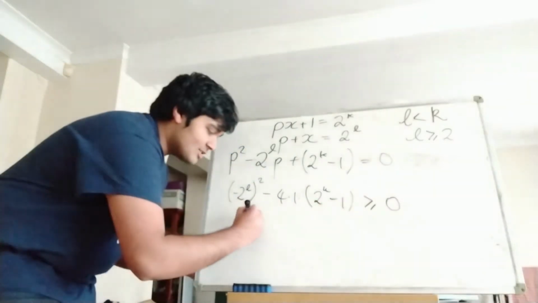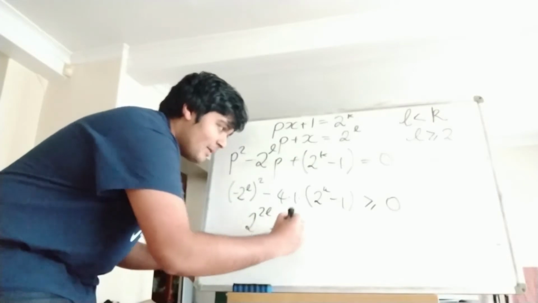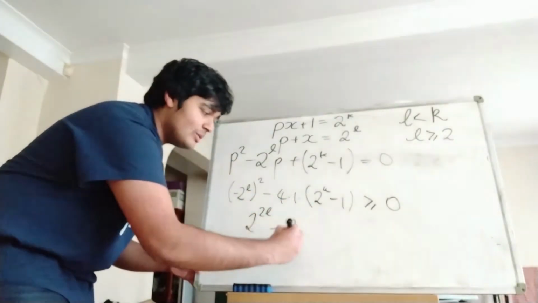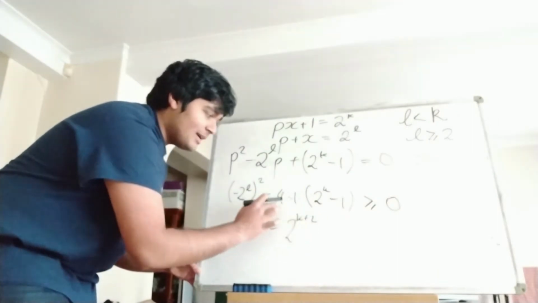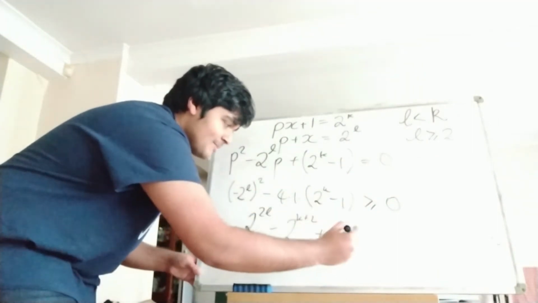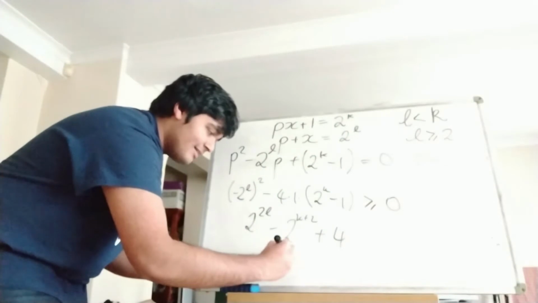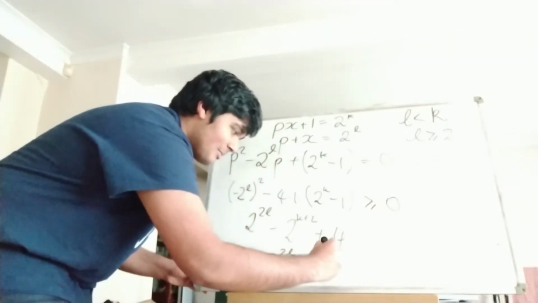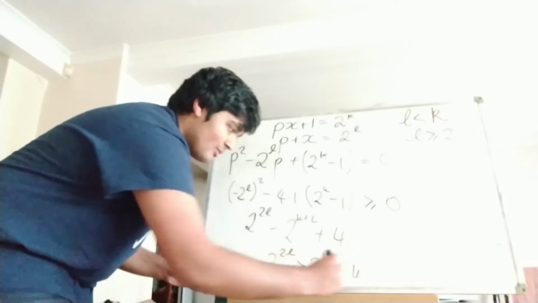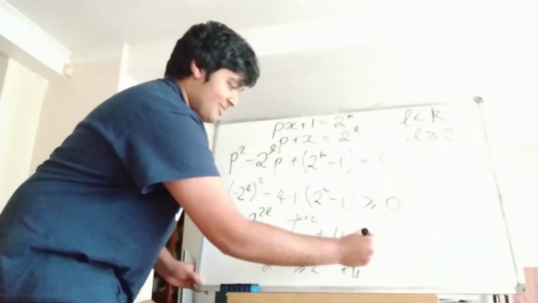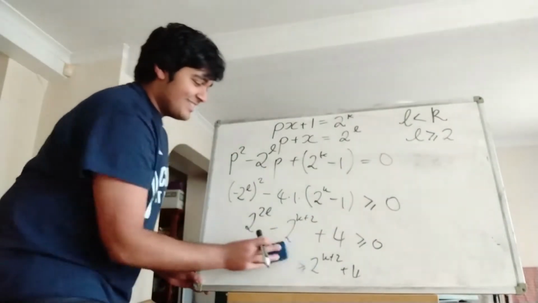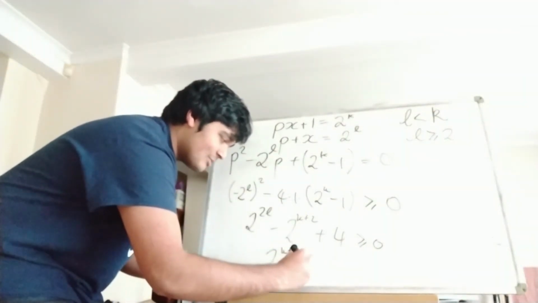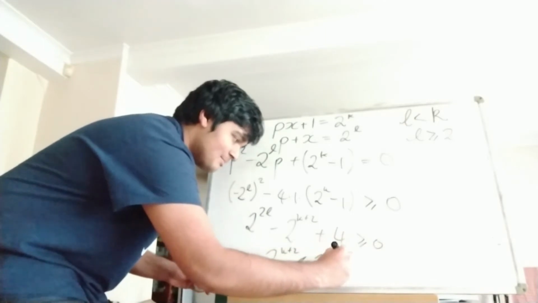This thing here is just 2 to the 2l, minus, now 4 we can write as 2 squared, so when we expand the brackets we get 2 to the k plus 2, and then minus 4 times minus 1 is plus 4. So then we get that 2 to the k plus 2, sorry, is less than or equal to 2 to the 2l plus 4.